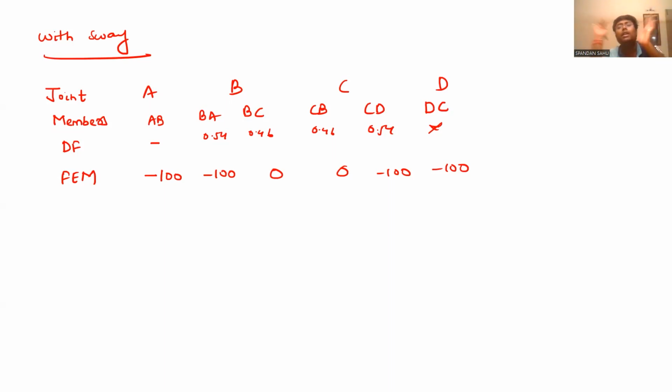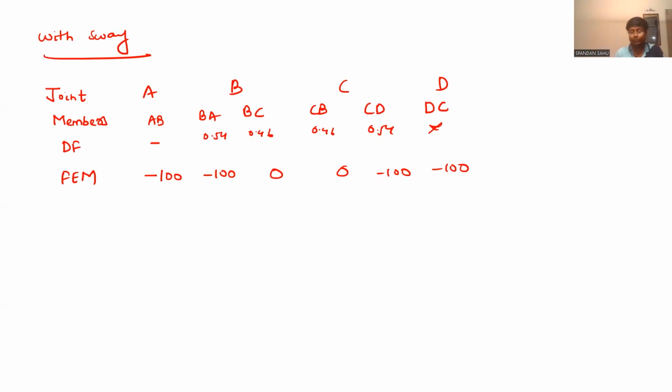For simplicity, you can assume unity, you can assume 50, you can assume 100, that's your wish. I assumed here minus 100, because I have solutions for minus 100. Now, why minus? Because all are anti-clockwise movements.